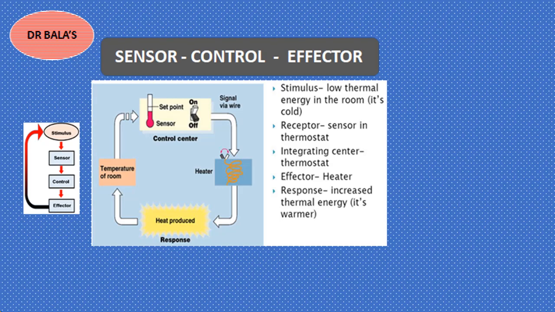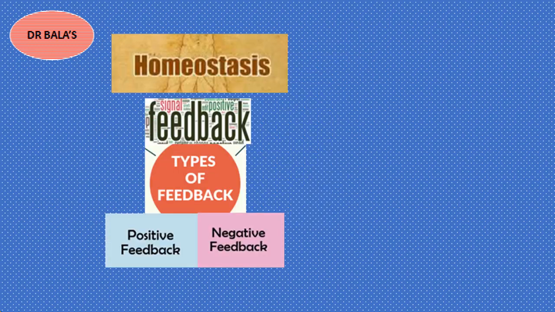The other mechanism is the control of blood glucose level, which I said is done by hormonal control. What is the mechanism by which blood glucose level is maintained? This mechanism is called the feedback mechanism.